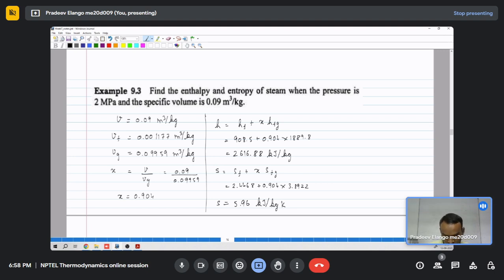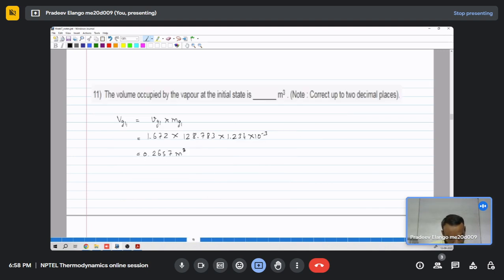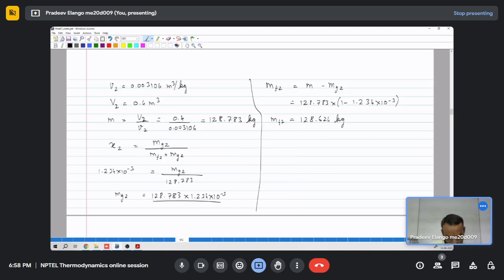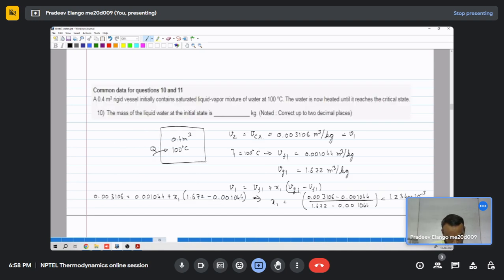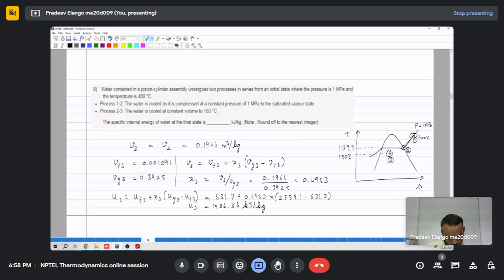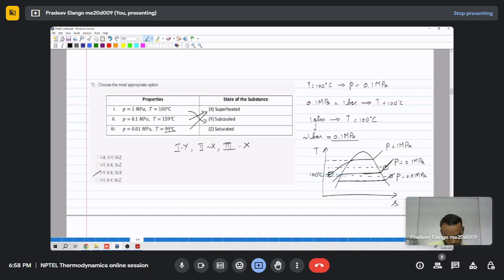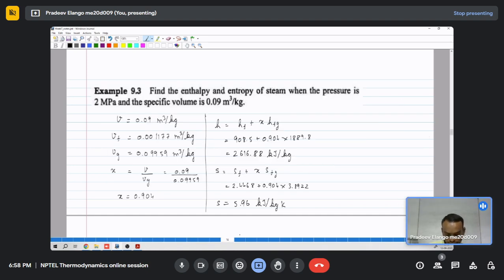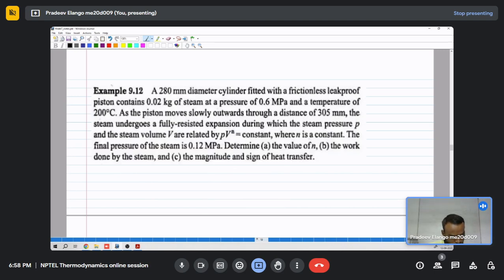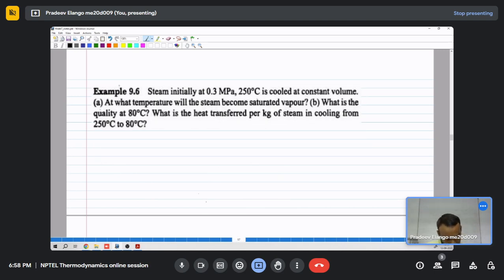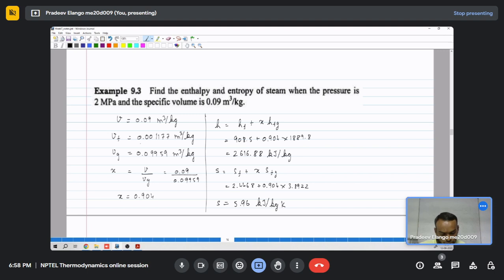So we have seen earlier in another problem. Yes, sir. Yes, because in that problem VF is too small, sir. Yeah, everywhere Vf will be very small. So even now also the Vf is 0.001177, right?